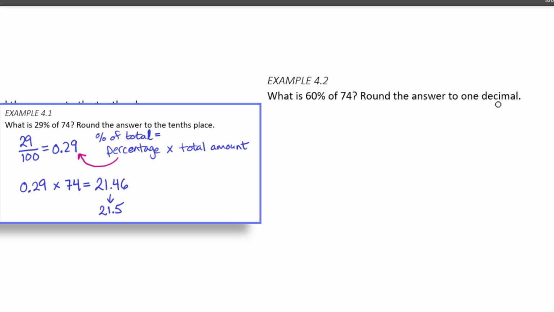So we just took 29% of 74. Now we're about to take 60% of 74. 60 is about double 29, so 60% ought to be about double 29% of 74. 29% was 21.5. 21.5 times 2 is 43, so like a little more than 43.